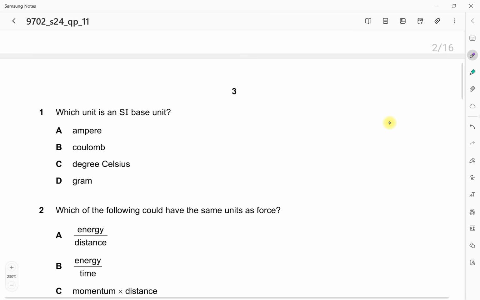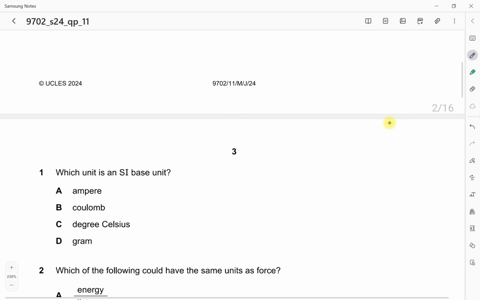So question number 1. Which unit is an SI base unit? Remember, we have 7 SI base quantities and their units are the SI base units. So, for example, we have mass, whose units are kilograms. We have current, whose units are amperes. We have time, whose units are seconds. We have length, which is measured in meters.